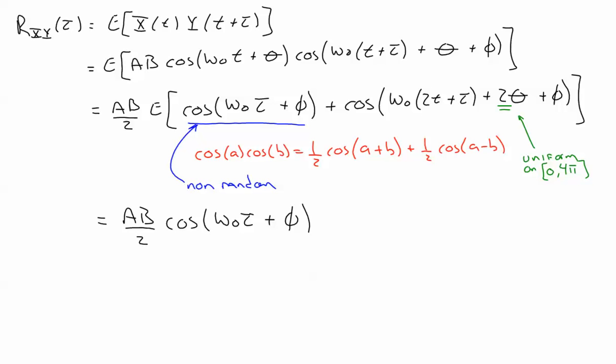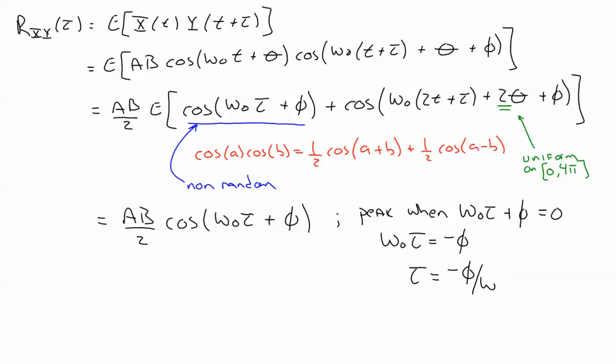Okay? Well, that's not an even function because it's not centered at the origin. The central peak occurs when omega naught tau plus phi equals 0, or omega naught tau equals negative phi, or my shift parameter tau equals negative phi over omega naught.